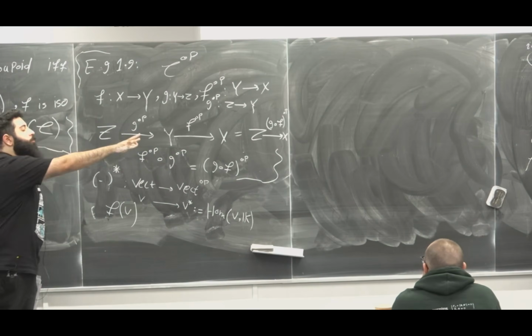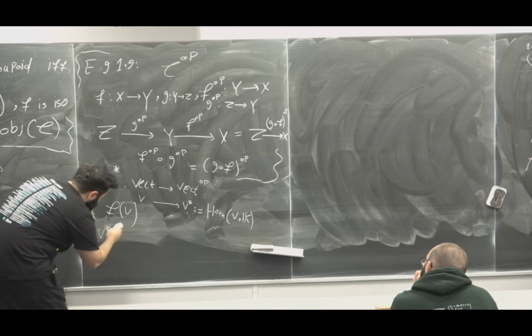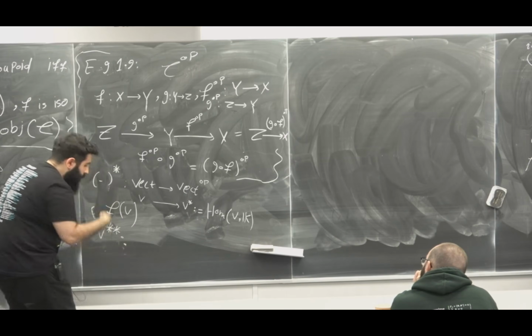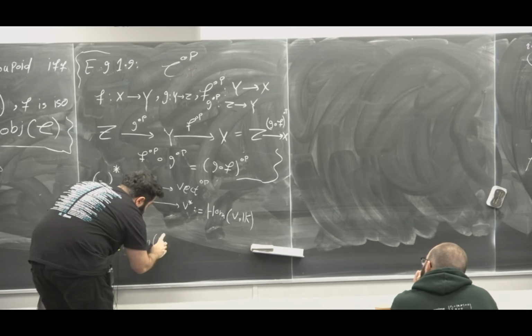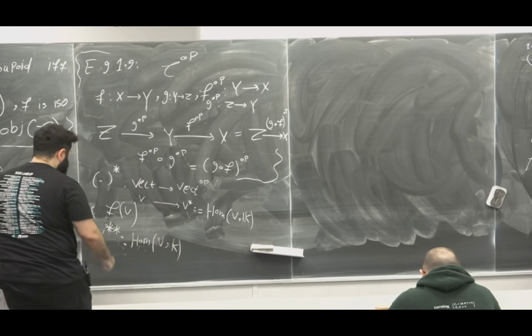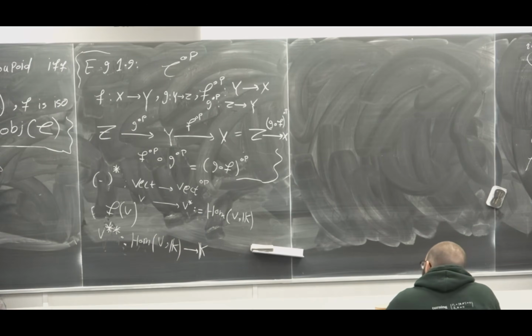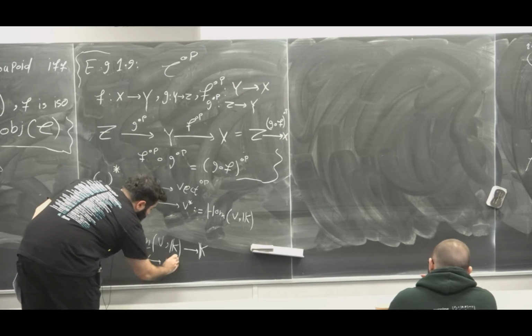It goes from the dual to K. So V double dual, I guess I'm doing the example now, is a map from the duals. So the duals are from V to K, and so maps from V to K to K. So this is V to K, it gets mapped to K.